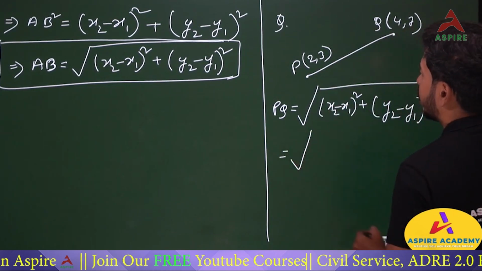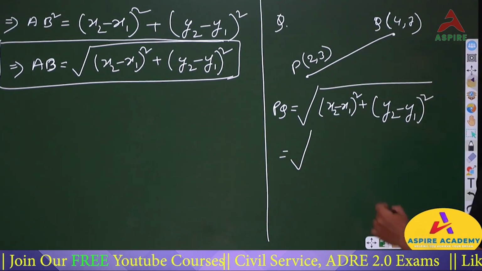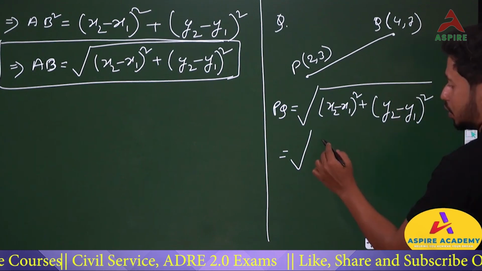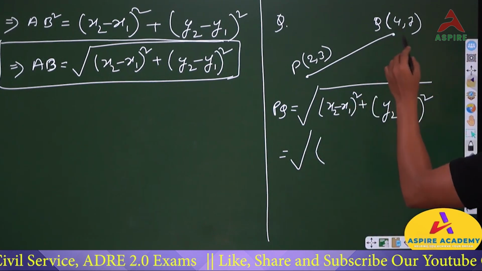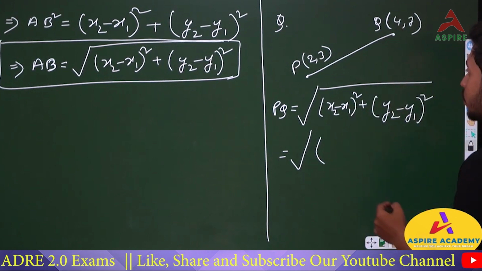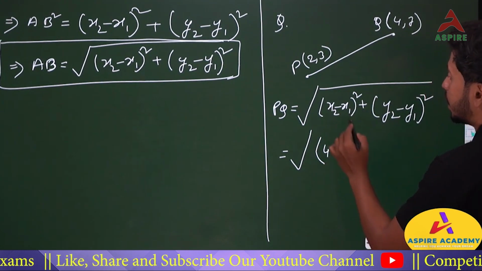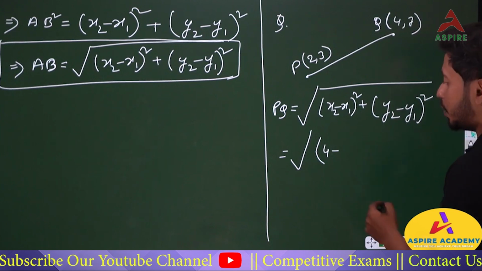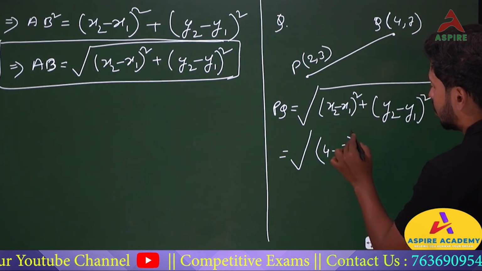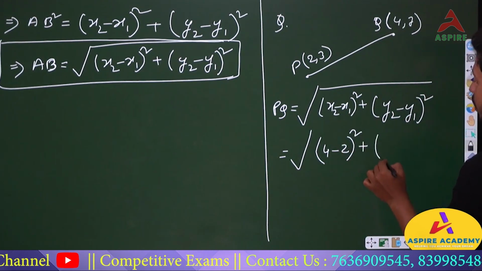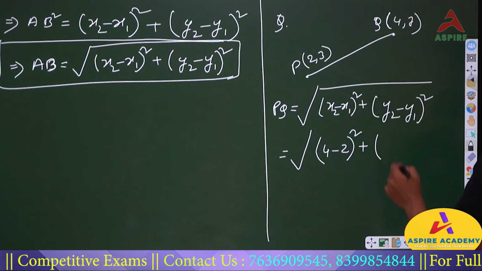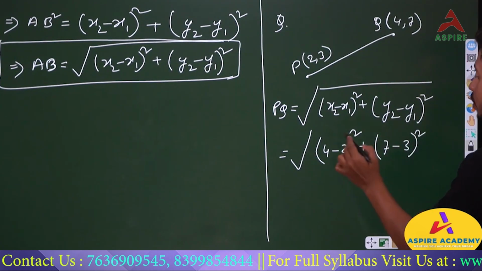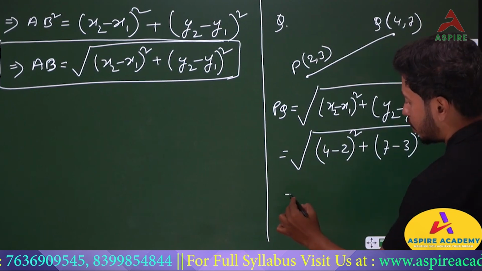Equal to, what is x2 here? See, this is point Q, so x2 will be what? This 4, right? Because 4 is the x coordinate of point Q. So 4 minus 2, 2 is the x coordinate of point P. 4 minus 2 whole square plus y2 minus y1, which will be 7 minus 3 whole square.